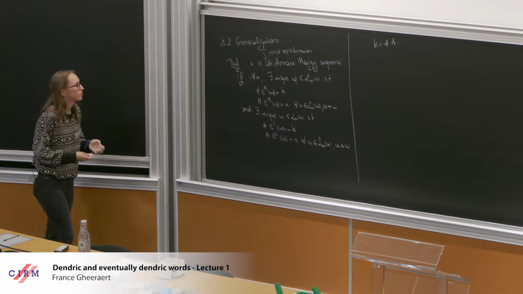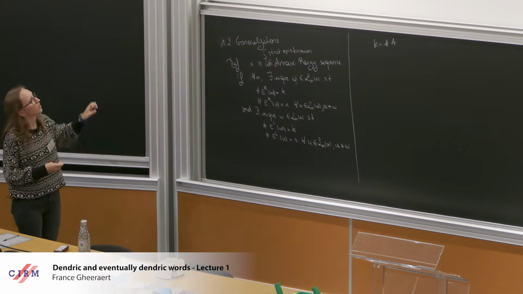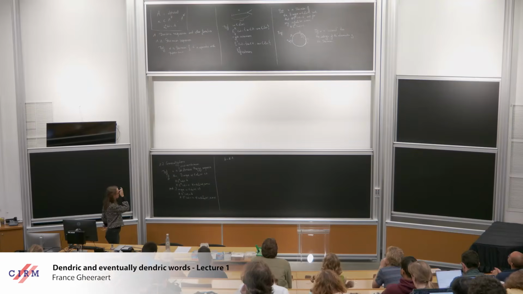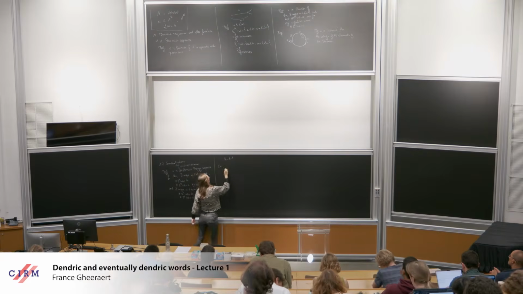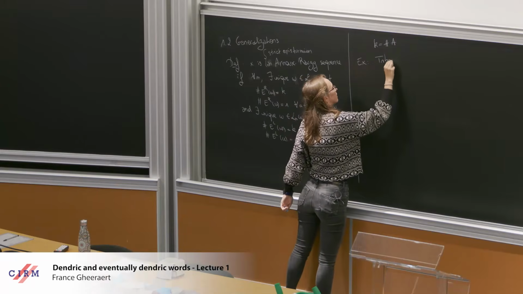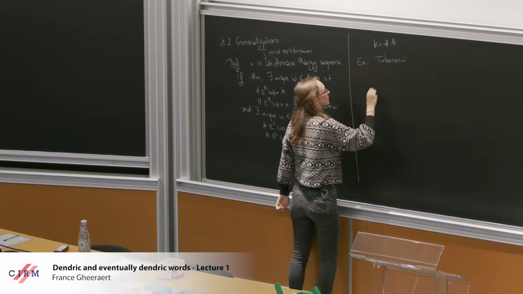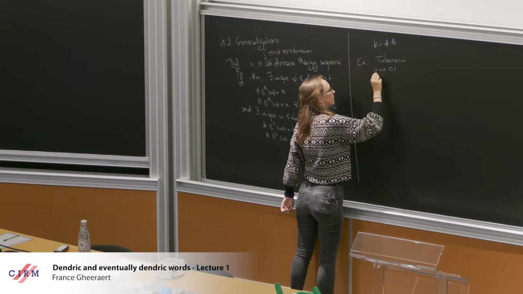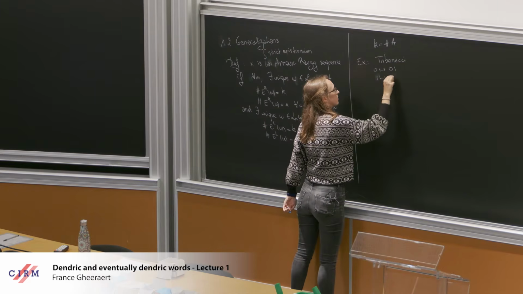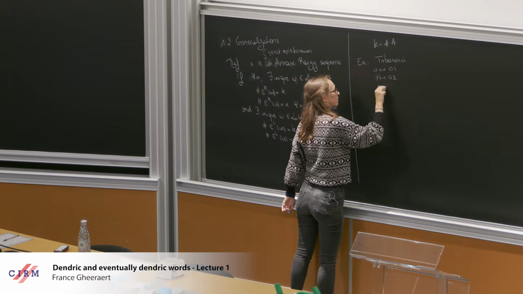So these are so-called Arnoux-Rauzy sequences, and they come from the second characterization of Sturmian sequences. And the most famous example, we saw it yesterday, is Fibonacci. Okay, so it's the sequence generated by this morphism.